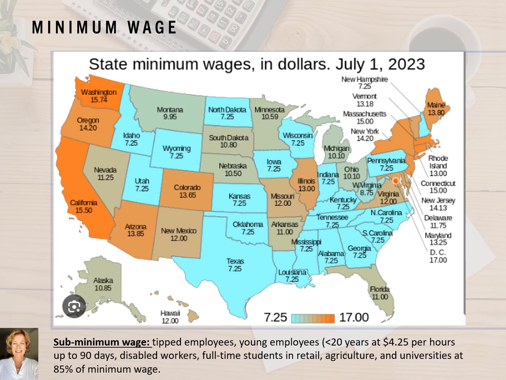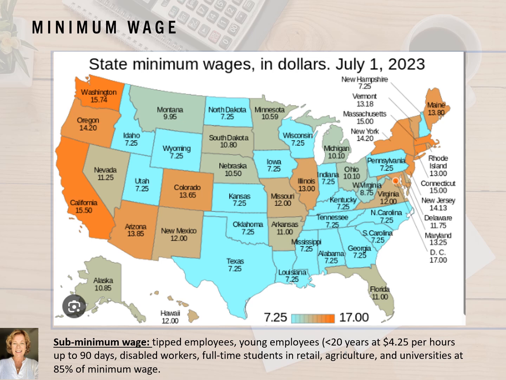The hourly minimum wage for tipped employees is $2.13 per hour per the FLSA, but employers must pay the employee at least the full minimum wage if the tips do not make up the difference between the full minimum wage and the tip minimum wage. However, tipped employees are not the only workers who may legally receive compensation lower than the minimum wage.